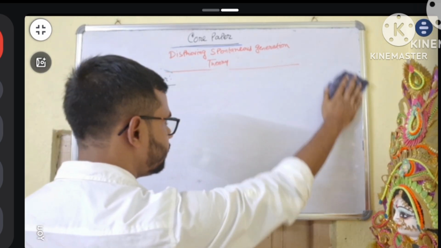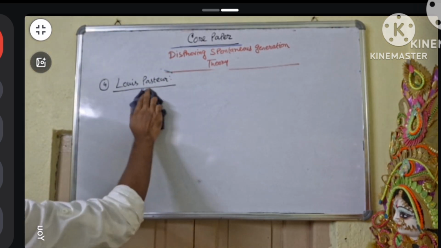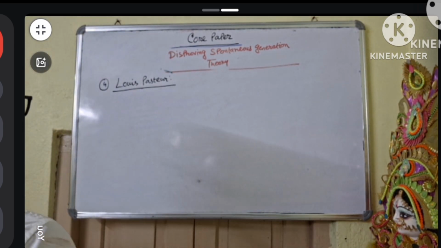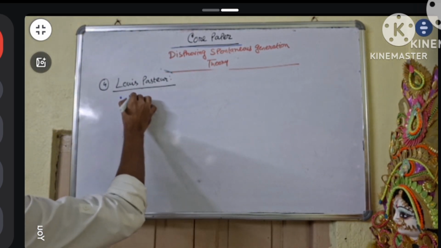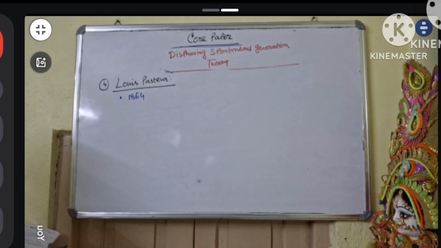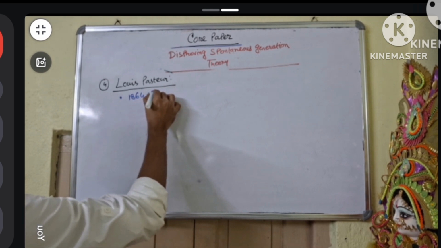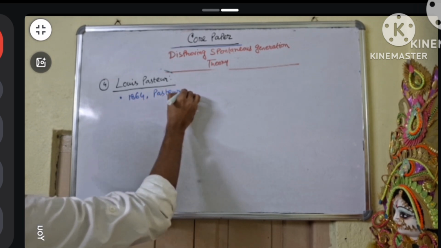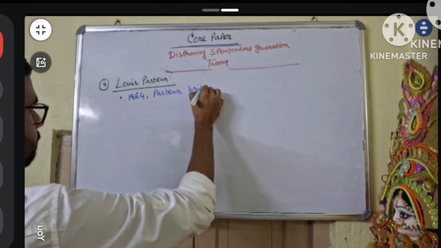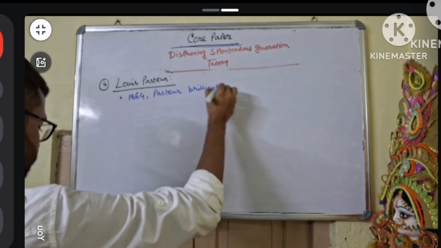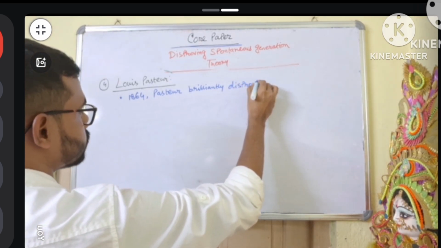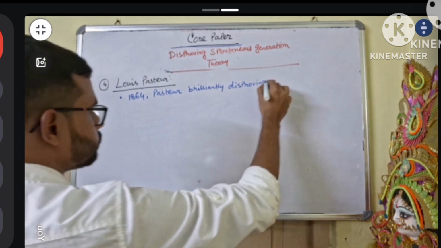So Pasteur did a brilliant experiment to disprove this matter, and he did it very intelligently. He disproved this in 1864, that means 100 years after Needham's experiment, brilliantly disproving spontaneous generation for microbes.